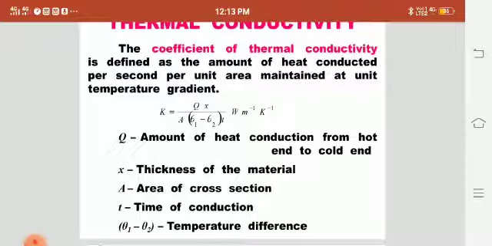That is, kappa K is equal to Qx divided by A into theta 1 minus theta 2 into t, where the unit of thermal conductivity is watt per meter per Kelvin, where K, that is kappa, is thermal conductivity, Q is amount of heat conduction from hot end to the cold end, x is the thickness of the material, the area of the cross section is defined as capital A, and t is time of conduction, and theta 1 minus theta 2 is the temperature difference or temperature gradient.